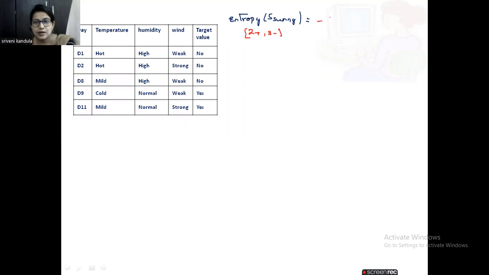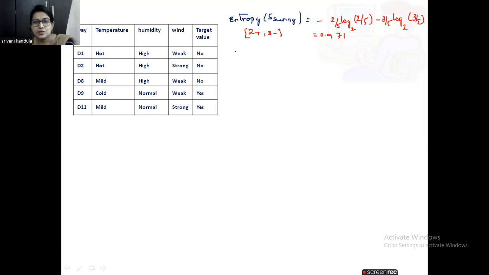So minus 2 by 5 log base 2 of 2 by 5, minus 3 by 5 log base 2 of 3 by 5. Its value is 0.971, which we just computed.